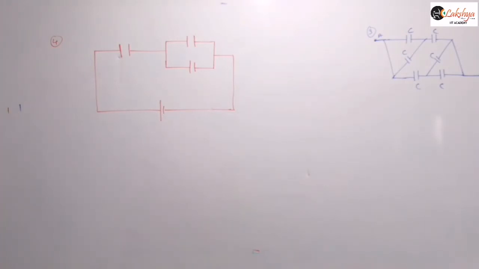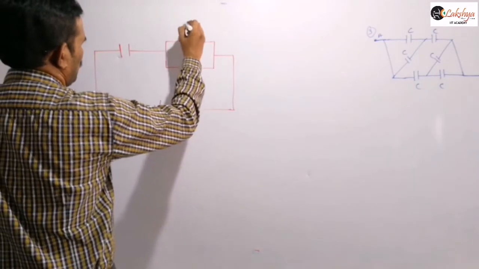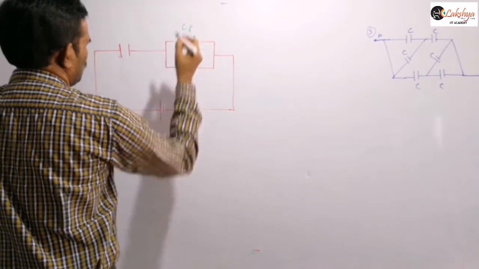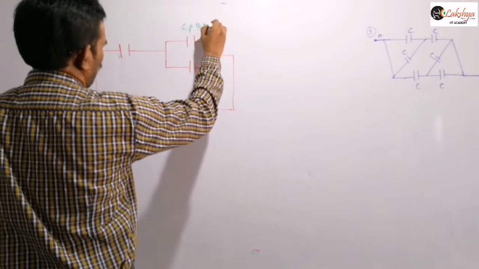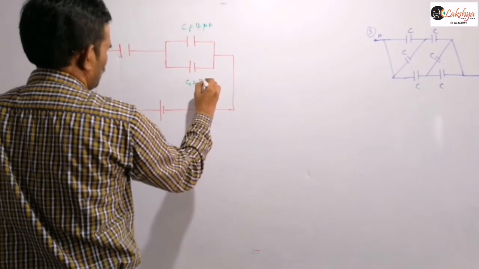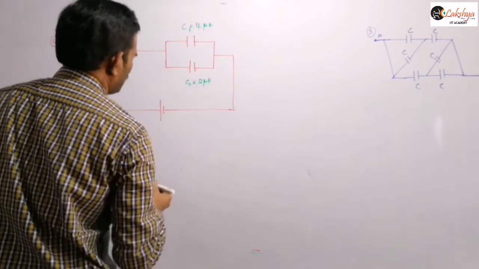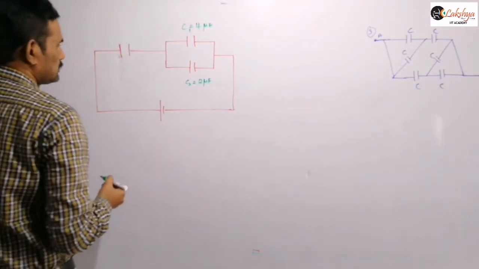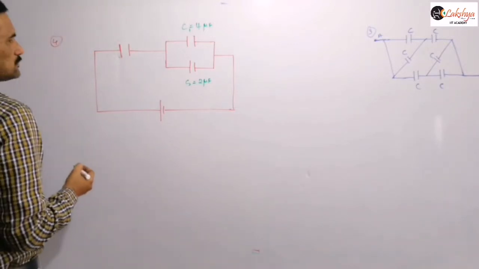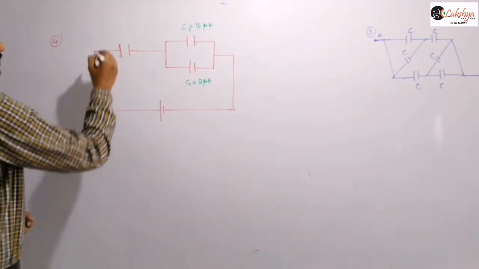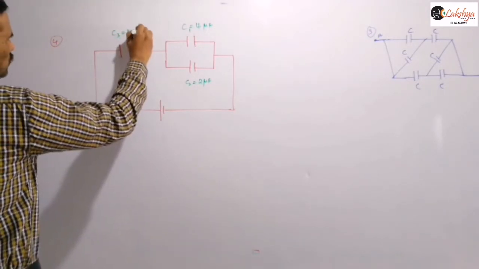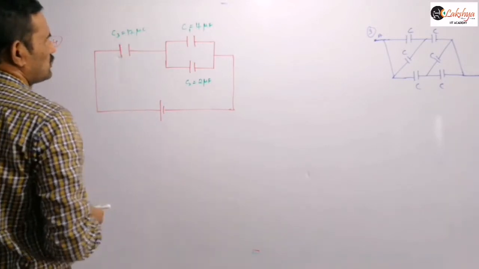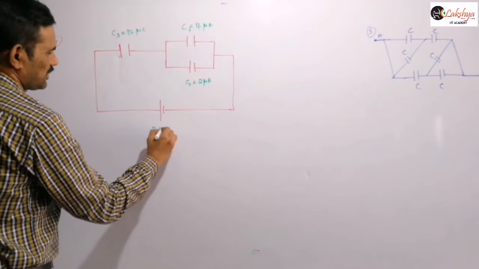The capacitance values you can consider: I am taking this as C1, the C1 is, let us take, 4 microfarad, and this is C2, I am taking 2 microfarad. And this is C3, 12 microfarad, right? And now here the voltage I am taking like 24 volts.